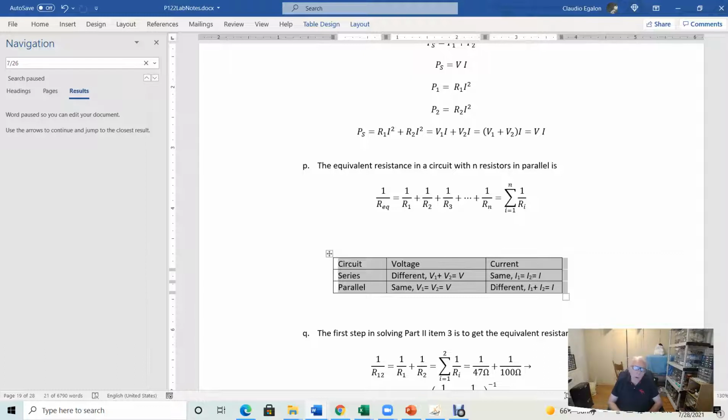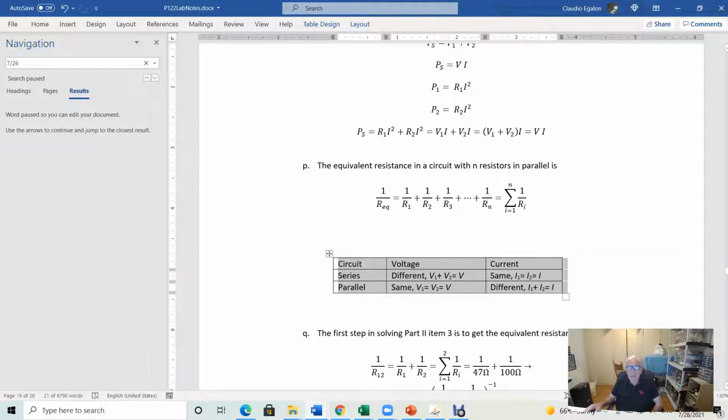It's either equal or it's a sum. If one is a sum, the other is going to be equal. If the voltage is equal, then in the other circuit the current is going to be a sum.